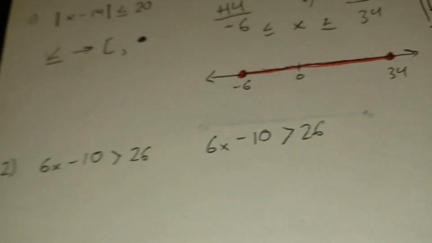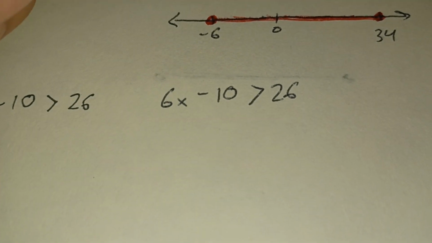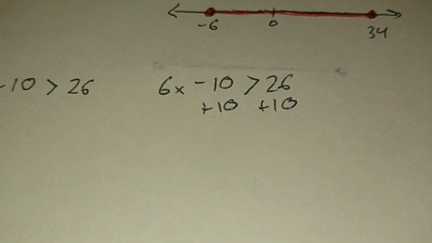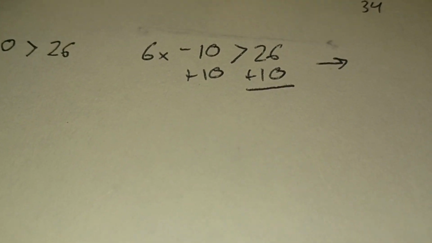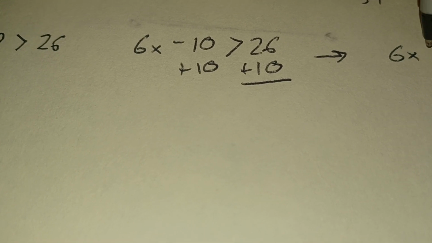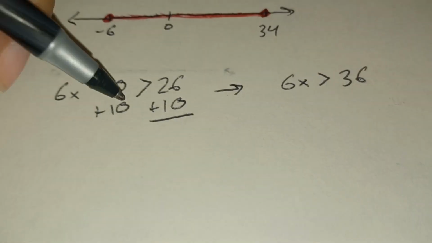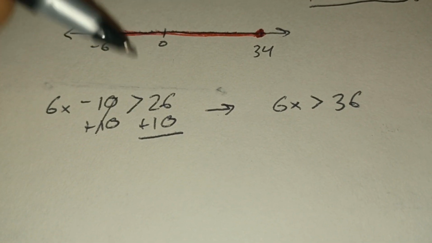Again, we want to leave x by itself, just how we did here. So in order to do that, we add 10. That's going to give us 6x is greater than 36, because obviously the negative and positive cancel out, and positive plus positive you add.